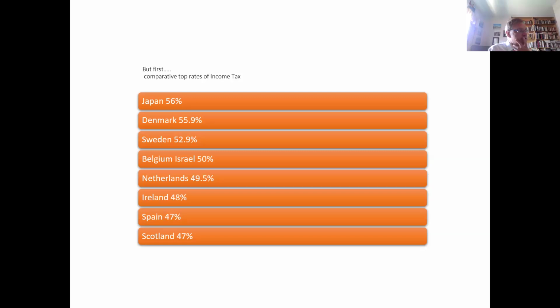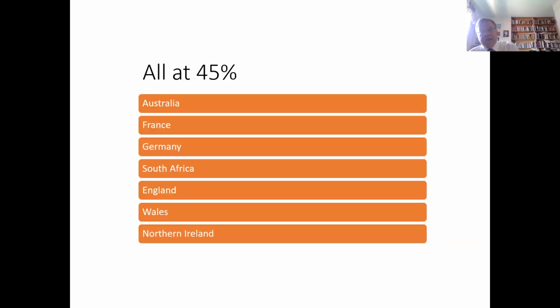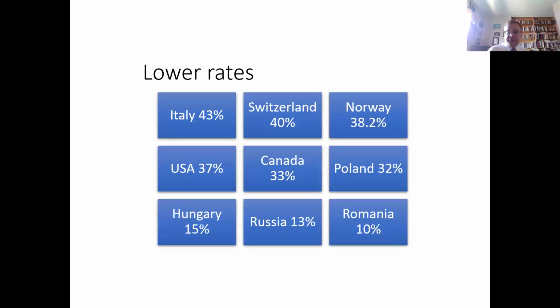Spain at 47%, Scotland also at 47%. And then you've got a bit of a grouping at 45%. So quite a lot of concertinaing there at around the 45% mark. And then you have lower rates in other countries, going down to Romania at 10%.